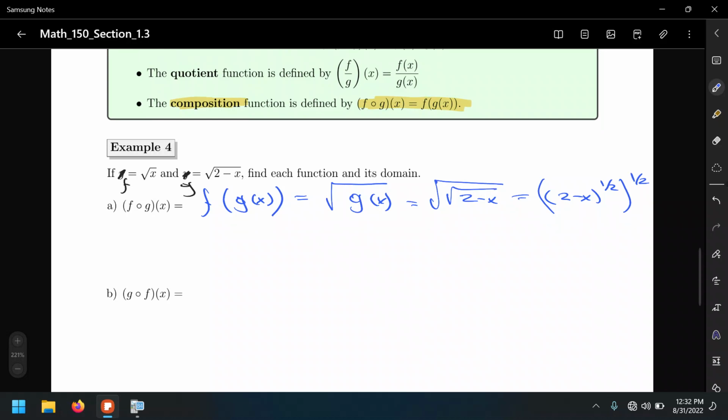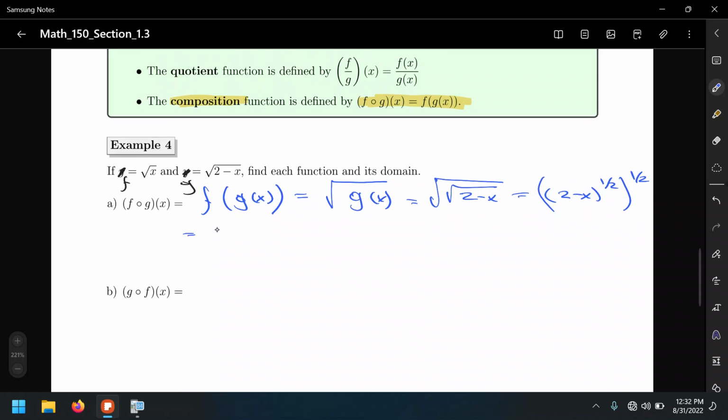Multiply the powers, and in this case that's going to give us 2 minus x to the 1/4. And going back to radical notation, which root is this one? The 4th root. Recall that by properties of radicals, the denominator of a rational exponent is the index of the radical. So that's the 4th root of 2 minus x. So that's a new function that we obtained by composing two functions together.